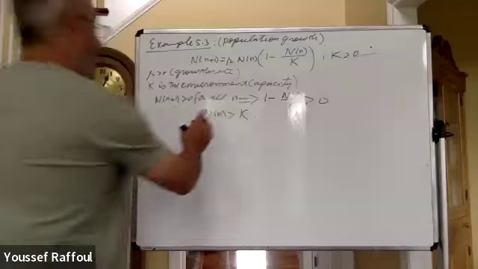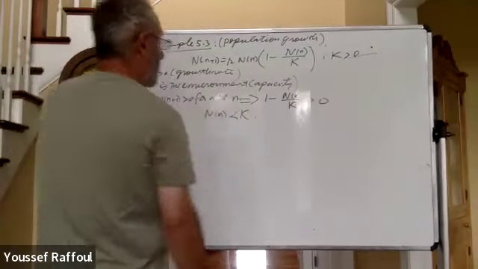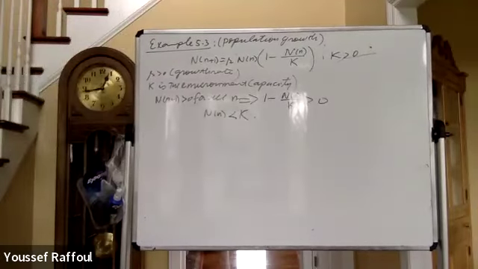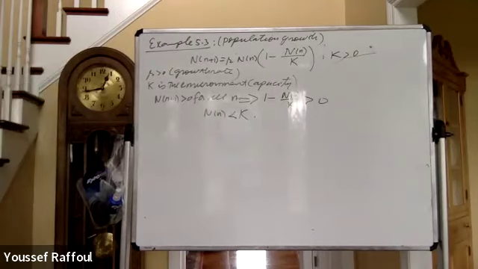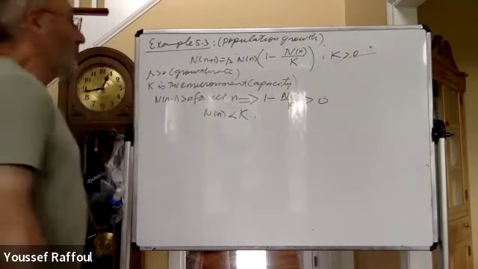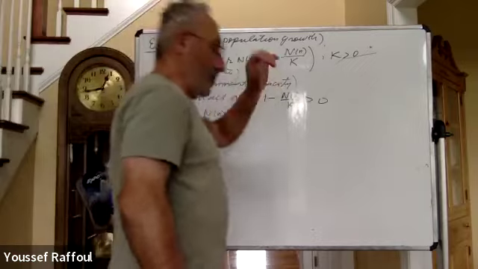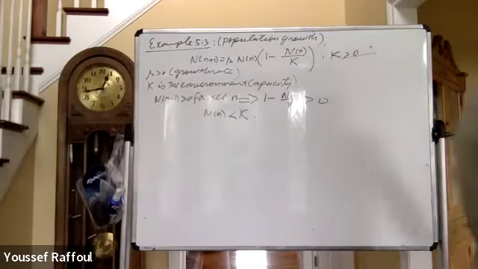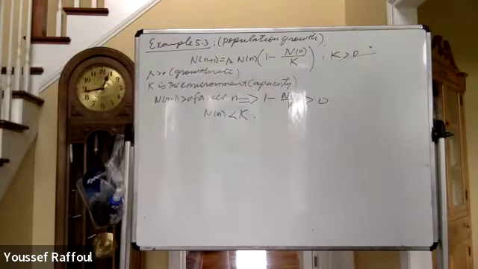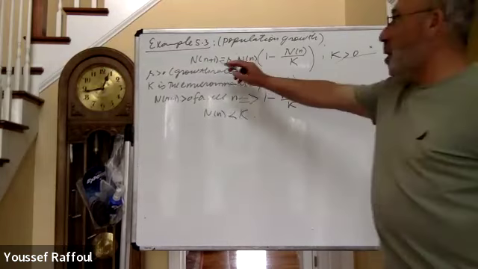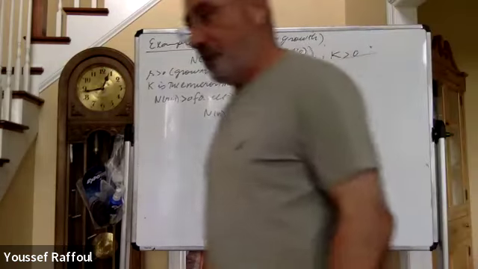No, less than K. Less than K. All right? n of n is less than k. So in order for this to be a feasible system or feasible model, we want the population to be almost positive.